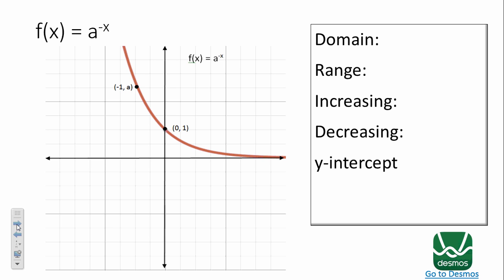We have the point 0, 1. Our function is called a to the negative x. That's the domain. All reals, we can be anything, right? What's the range? Yep, anything greater than 0.